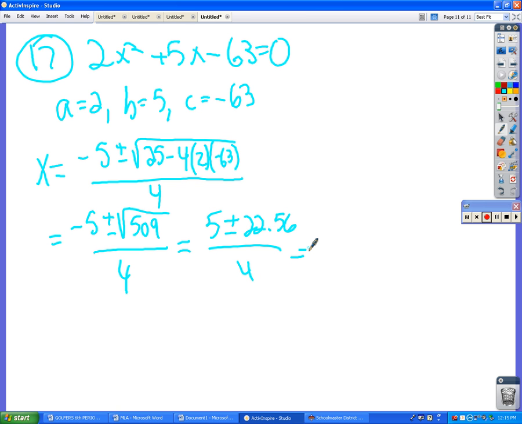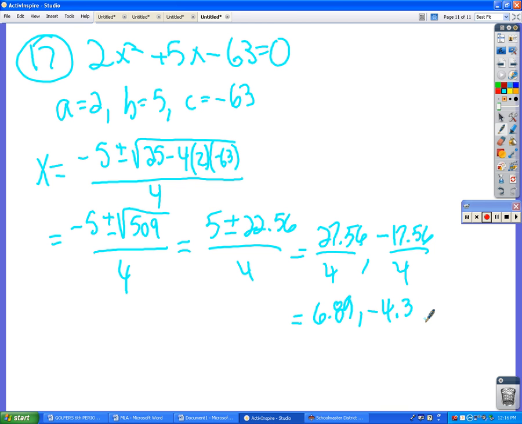We have to do two different things. 5 plus that is 27.56, still divided by 4. 5 minus that is negative 17.56, still divided by 4. And then if you divide those two by 4, your final answer is 6.89 and negative 4.3.